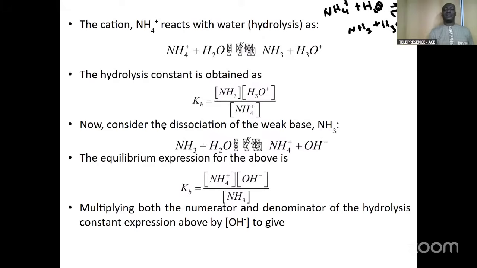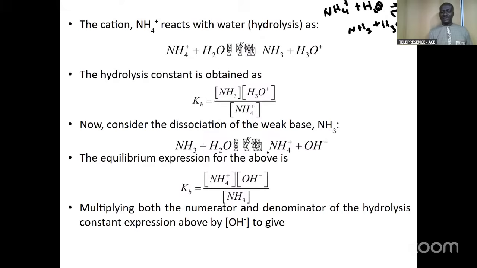Now this Kh will be equal to the concentration of ammonia multiplied by the concentration of the hydronium ion, divided by the concentration of the cation, which is the conjugate acid of the weak base. Now, just as we did for acetic acid, if we consider the dissociation of ammonia, please again don't forget the sign here.